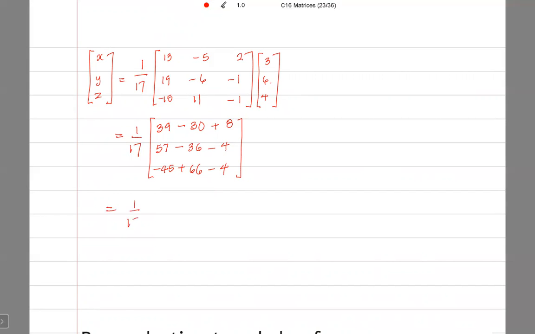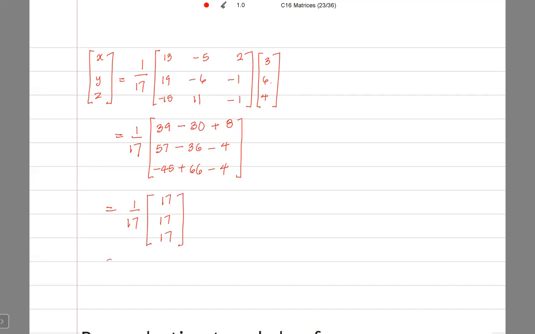So this is 39 minus 30 plus 8, that is 17. Then we have 57 minus 36 minus 4, we have 17 again. Then we have minus 45 plus 66 minus 4, and we have 17 again.